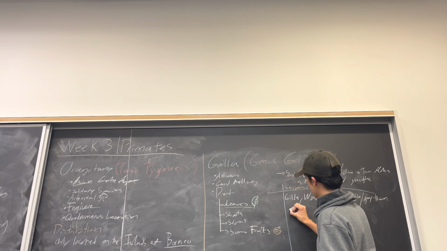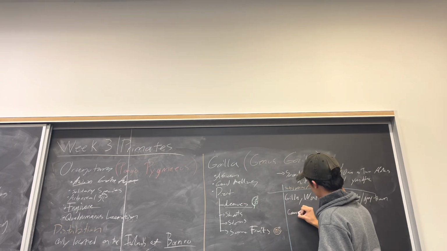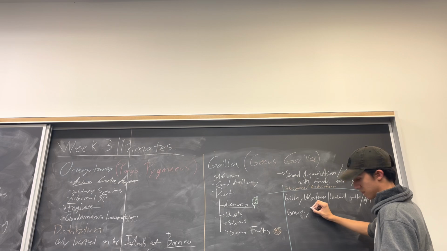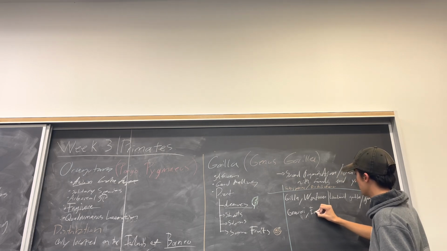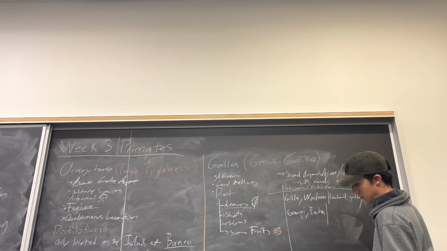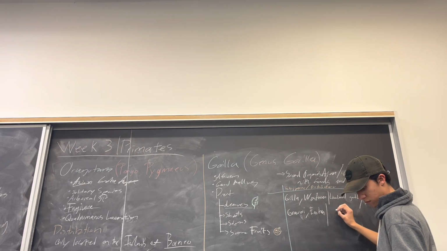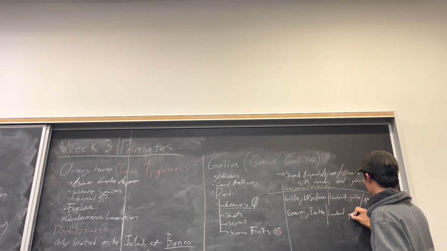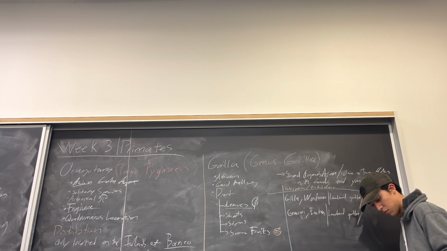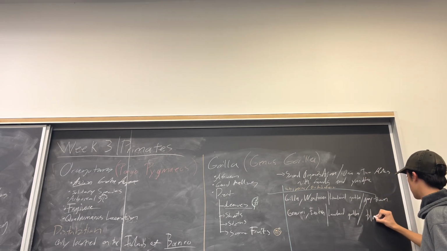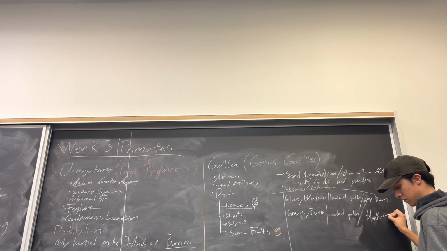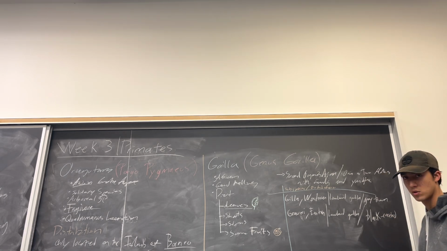Then we got Graueri on the eastern side, which are also lowland gorillas. They are black and coated.